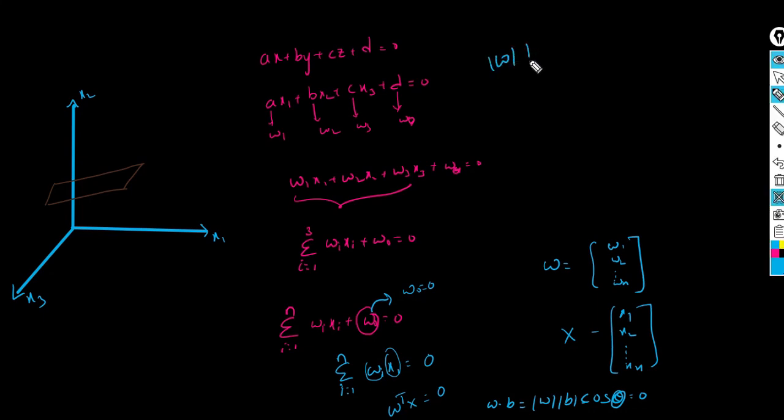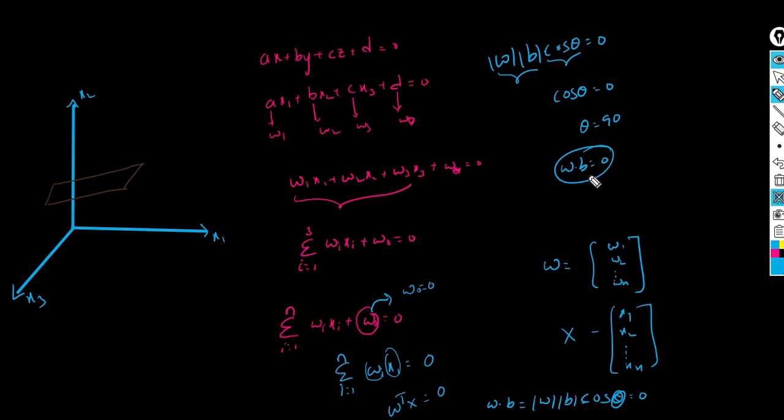When modulus of w times modulus of x times cos theta equals 0, then cos theta equals 0, because the moduli are not 0. Theta equal to 90, and only then w dot x equals 0.